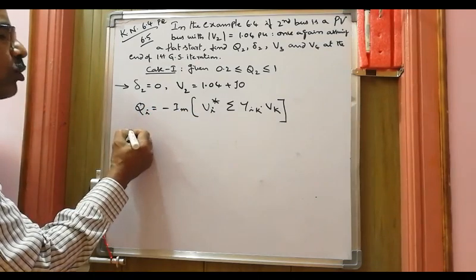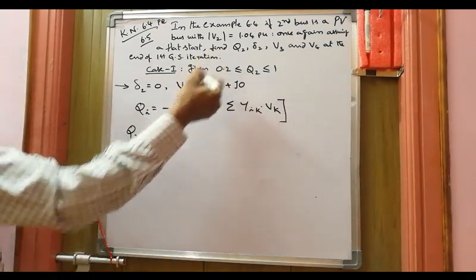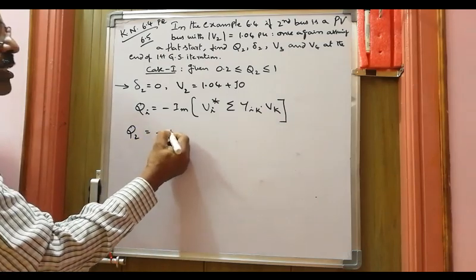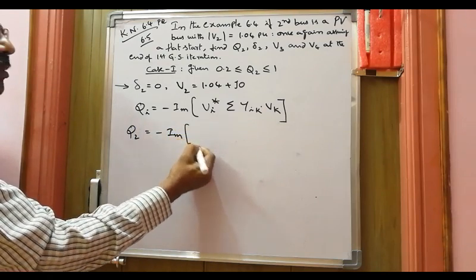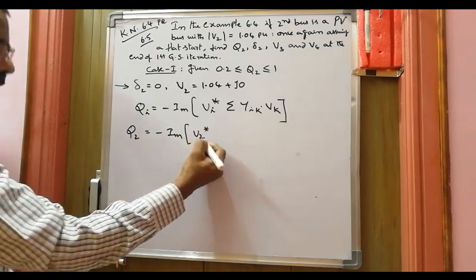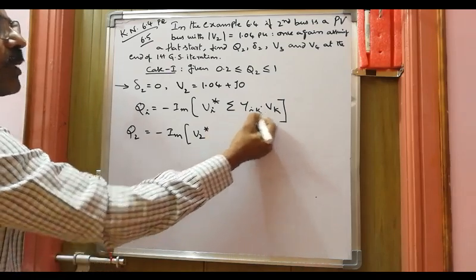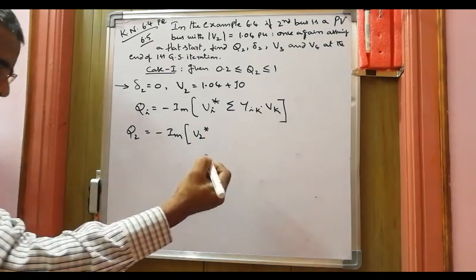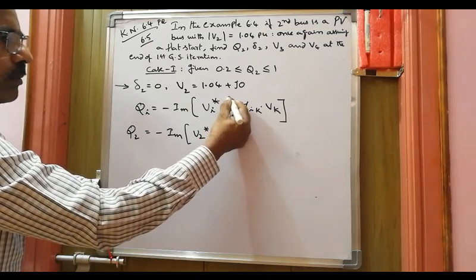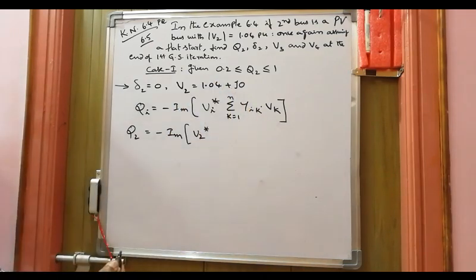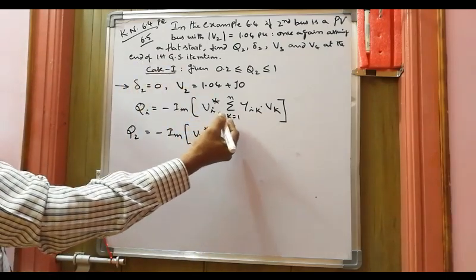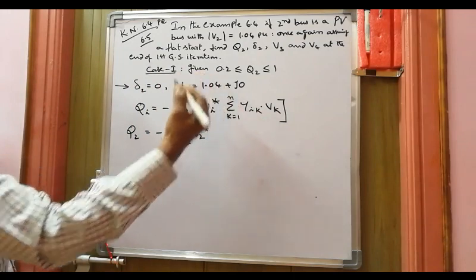But what we want is only Q2, for the second bus. So Q2 is minus imaginary part of V2 conjugate, and I am expanding the sigma. K varies from 1 to N, and N is 4 for the 4 bus system, so K is to be varied from 1 to 4.